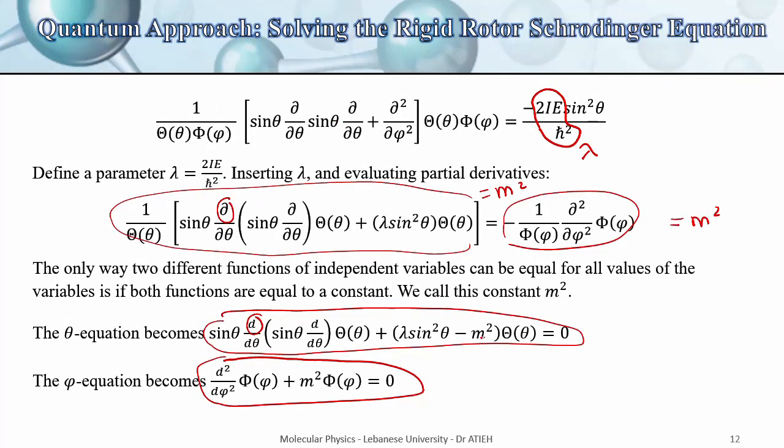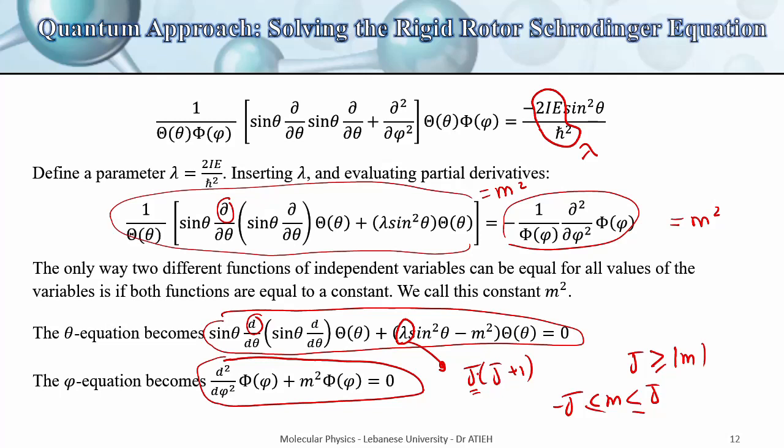Here's our theta equation. This equation has a solution only if lambda is equal to j times j plus 1, where j is a positive quantum number, such that j is greater than or equal to the absolute value of m, which means that m is between minus j and j.